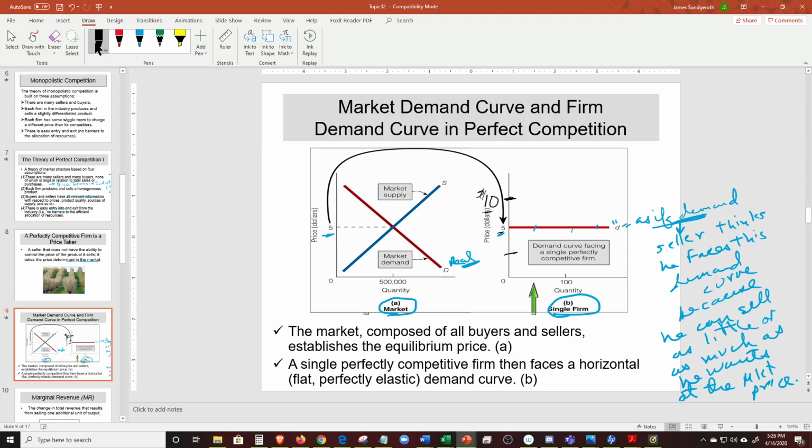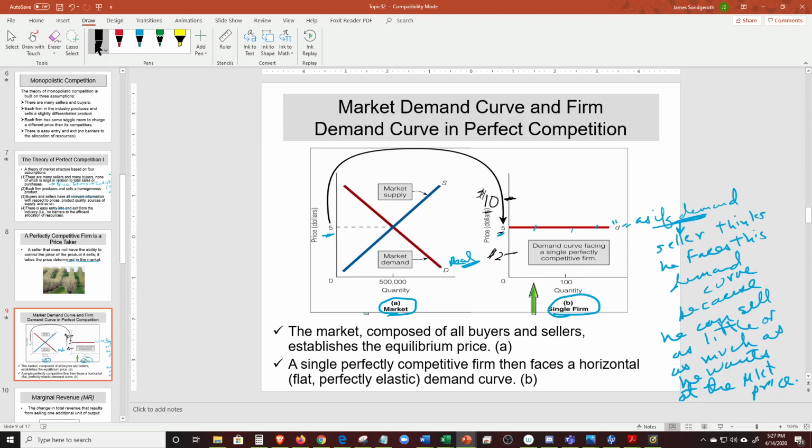Then that leaves us with this question. Well, if the seller wanted to, he could sell it at $2 a bushel. And this is certainly true. The seller certainly could do that, and he could sell as much as he wanted at $2. In fact, he probably couldn't produce enough for all the people who wanted to buy it at $2, because otherwise they would have to pay $5.